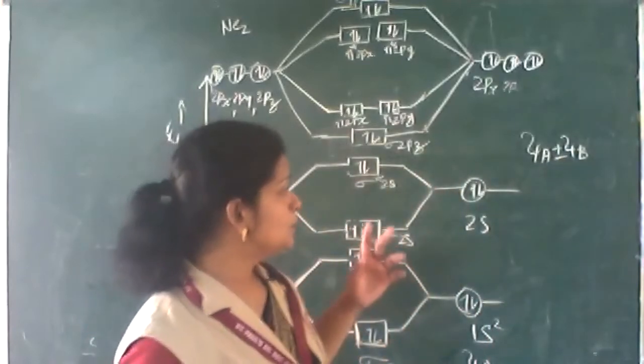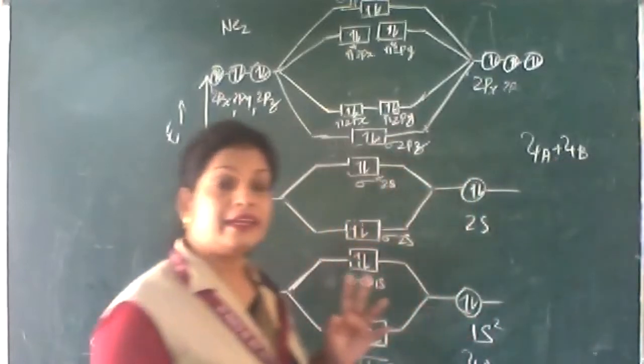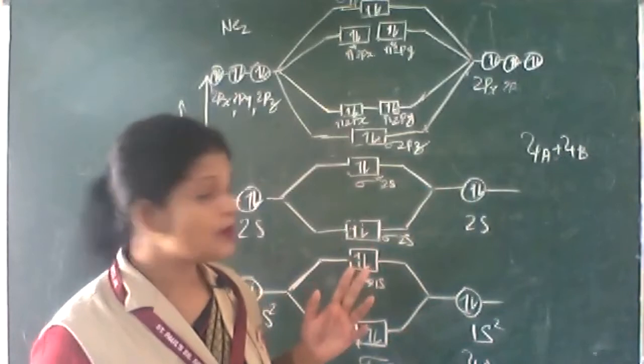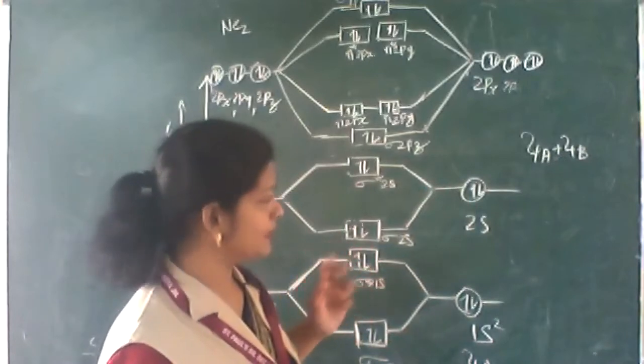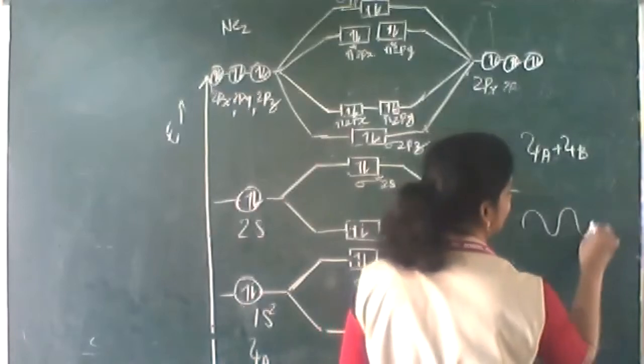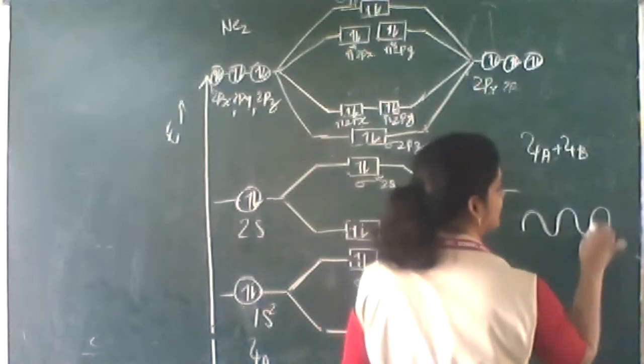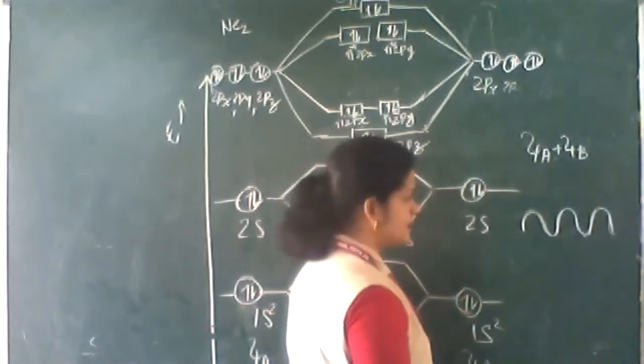So two atomic orbitals are linearly combined by constructive interference, where two waves are constructively interfered. That means one wave like this and the second wave like this.